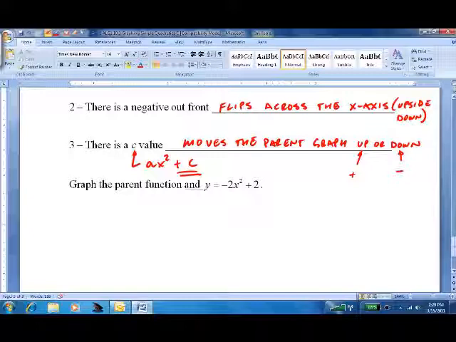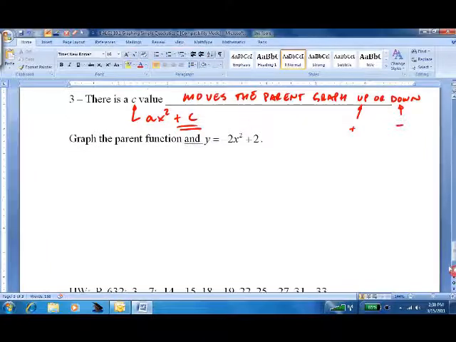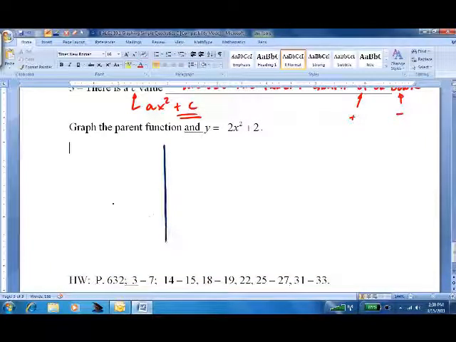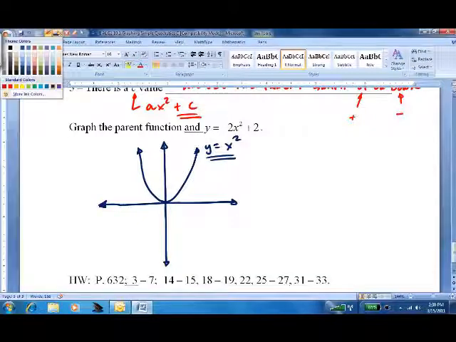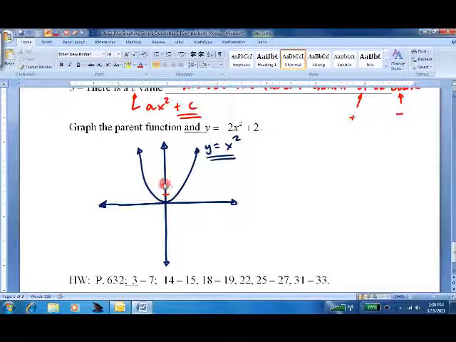So graph the parent function and graph y equals negative 2x squared plus 2. Again, parent function, now we know that the plus 2 will move it up 2. 1, 2, so the vertex is now there. We know the 2 will make it thinner.